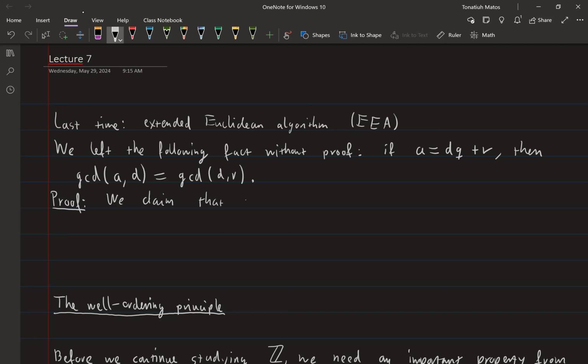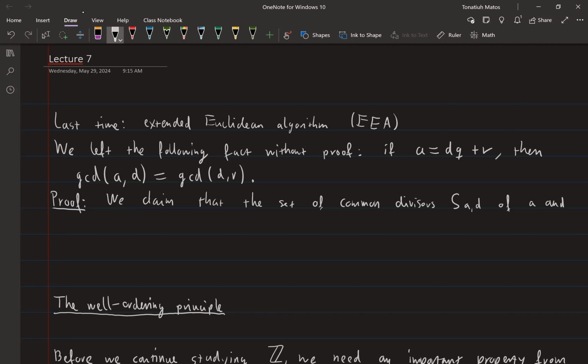That the set of common divisors of a and d is the same as the set of common divisors of d and r.